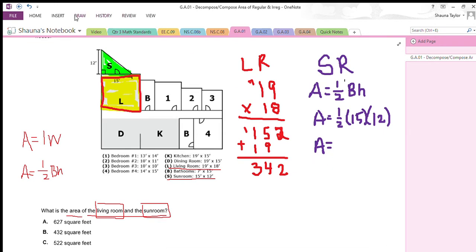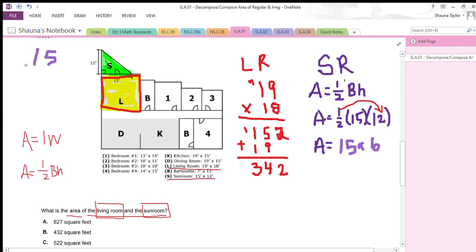I think I'm going to cut my 12 in half. So now it's going to become 15 times, and if I cut 12 in half, isn't that 6? So there it is, 15 times 6. I don't know what 15 times 6 is, so I'm going to write it over here on my sheet of paper. 6 times 5 is 30, carry my 3. 6 times 1 is 6, 7, 8, 9, so it's 90. So my area for this one is 90.